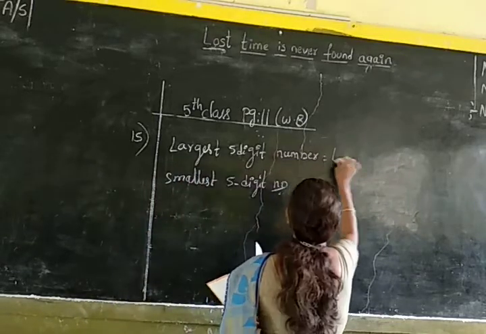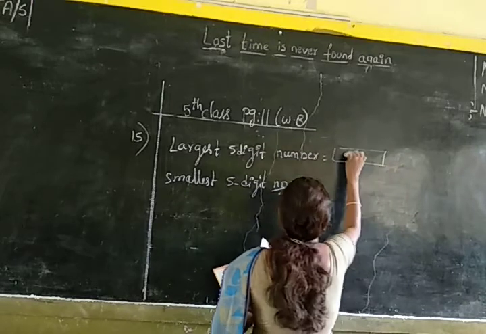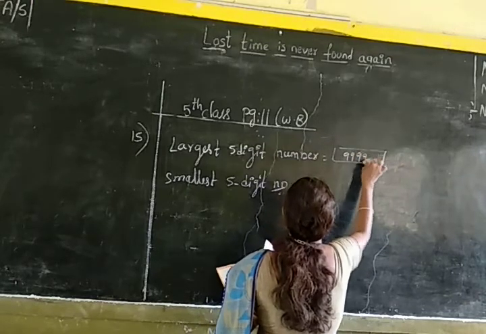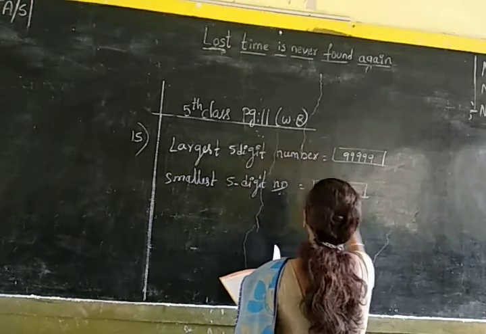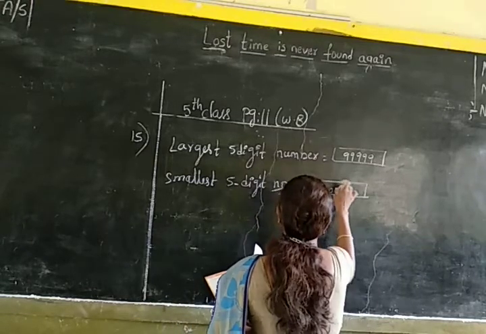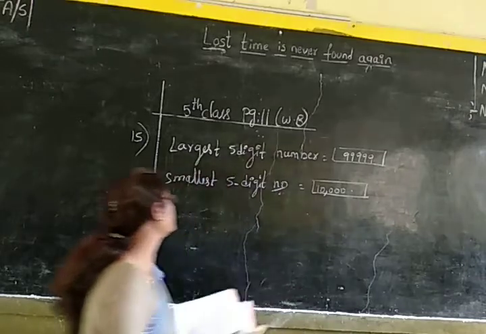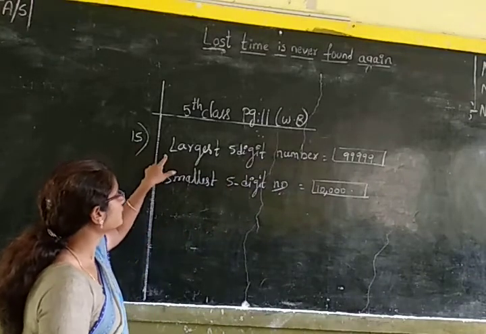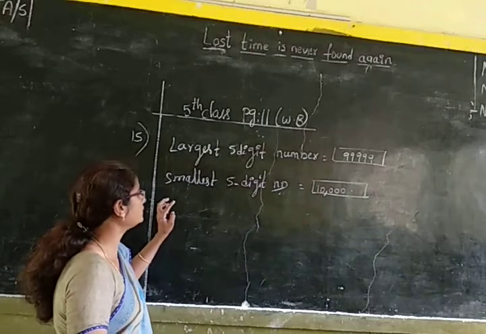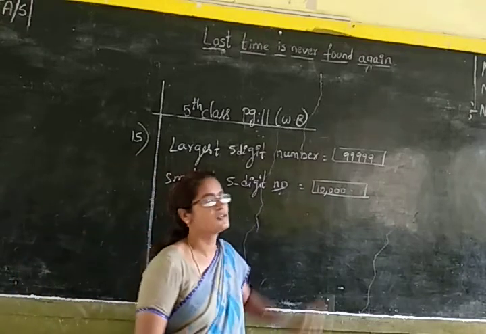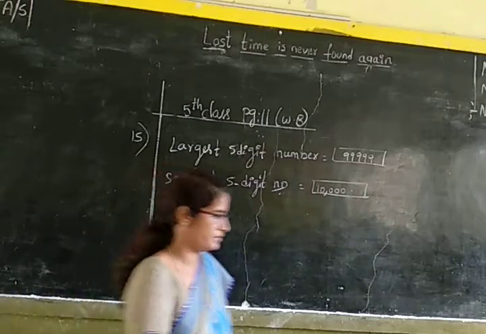You all know that 99,999 is the largest 5-digit number and 10,000 is the smallest 5-digit number.